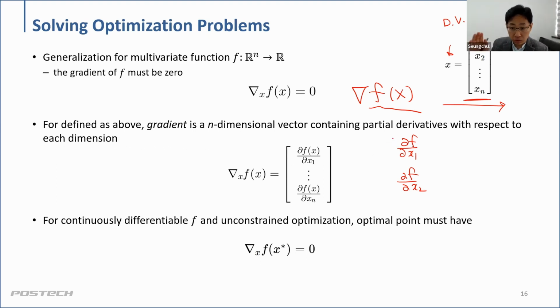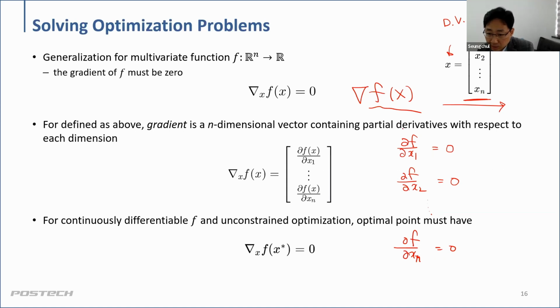To imagine a surface in 3-dimensional or n-dimensional space, if that's the minimum point, it has to be flat in all directions. So this one has to be zero if that's the optimal point, and this one as well, for all of them. That's the condition that needs to be satisfied in order to be a candidate for an optimal solution.